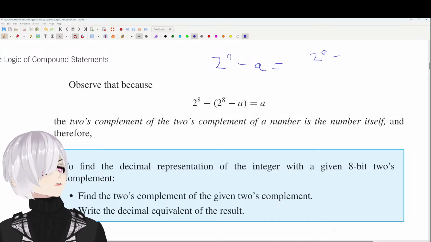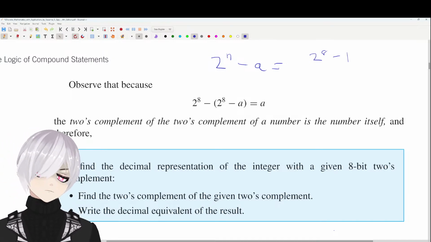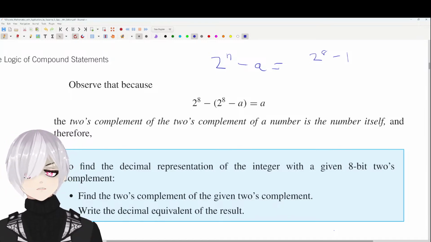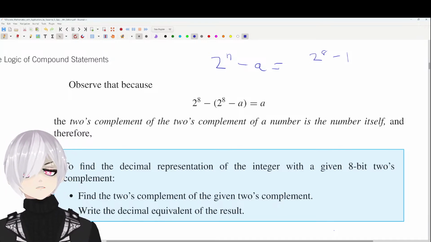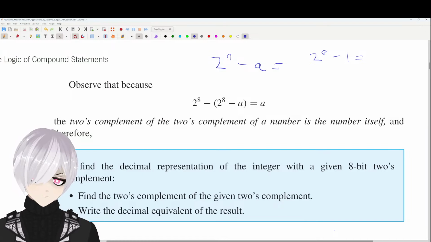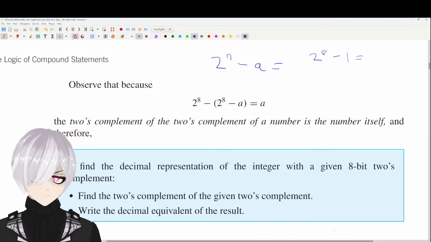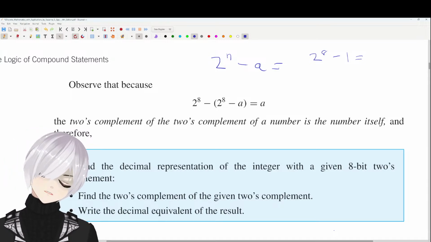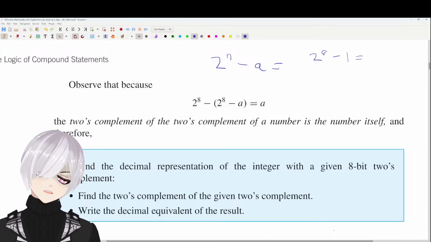So they're just working with 2 to the 8. If we plug in 1 for a, first off, what's the 2's complement of 1 when the bits are 8? And then we'll see if finding the 2's complement of that number gets us back to 1. I guess I can already see that it probably would.